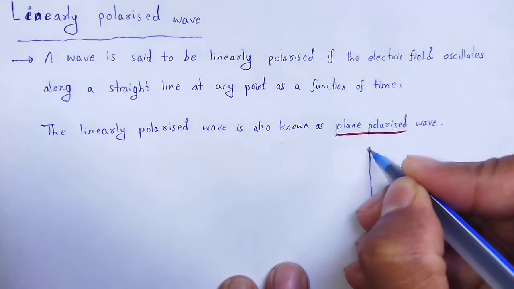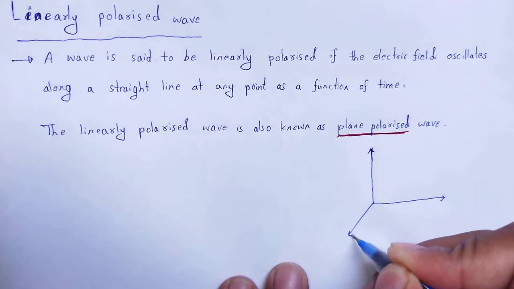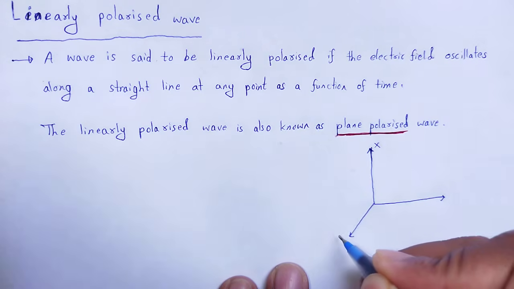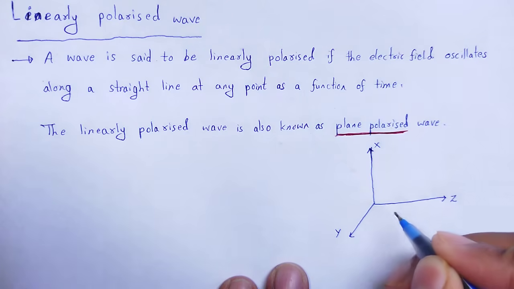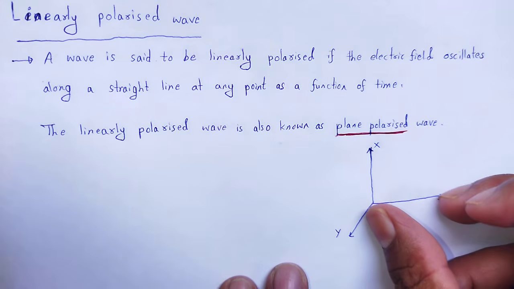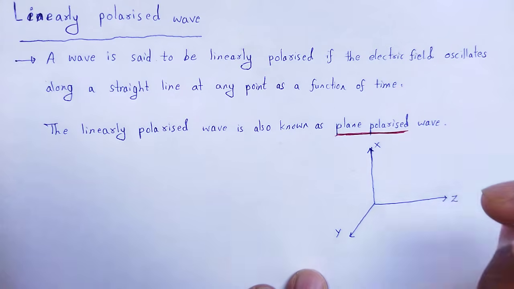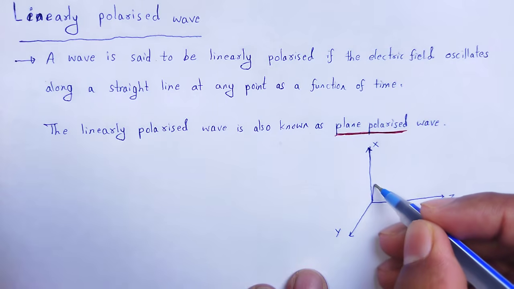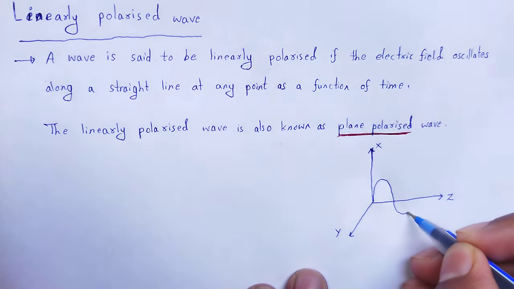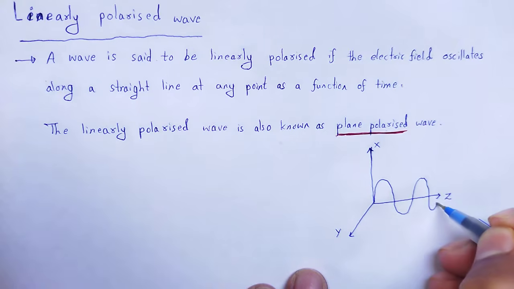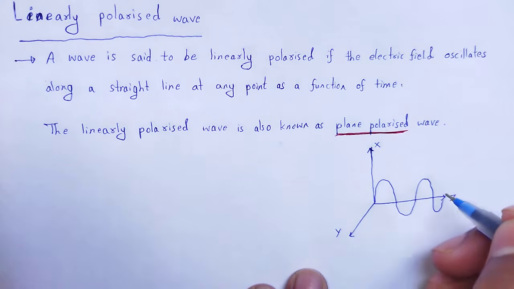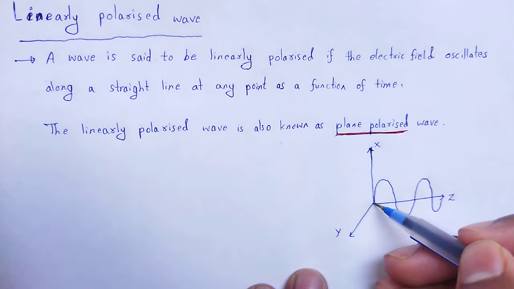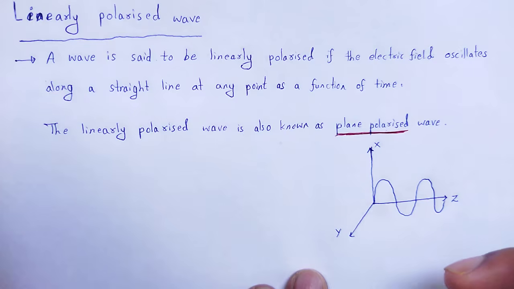In a coordinate system, we represent x, y, z, with z as the direction of propagation of the electromagnetic wave, and then we have the electric field vector. The orientation of the electric field vector with respect to the x axis is like this, and with respect to the y axis in this way.